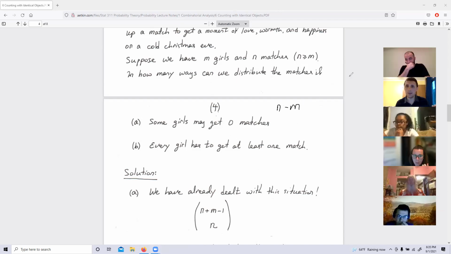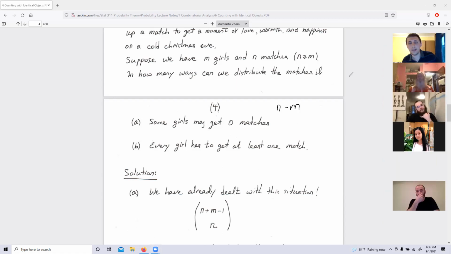Do you agree? Because M of those matches were already given, 1, 1, 1, 1, to each girl, and now I can give them 0 matches. So this is how many spaces we have, N minus M, and then we need to divide by additional, so it's plus M minus 1.